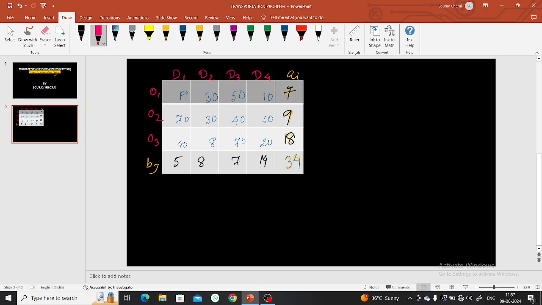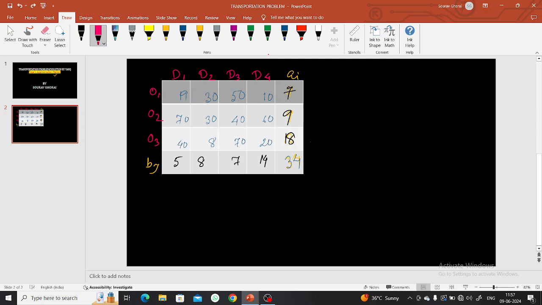The first objective of the Vogel's approximation method, or the VAM method, is to find the two minimum costs from the cost matrix, from every row and column. If we take the first row, the minimum is 10 and the next minimum is 19.